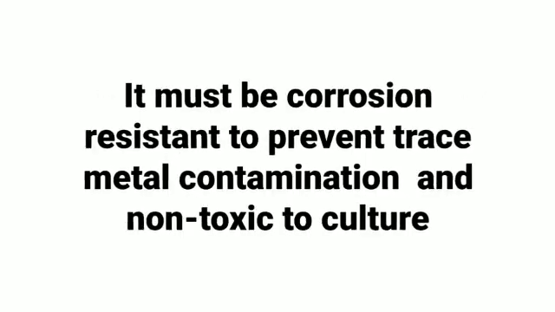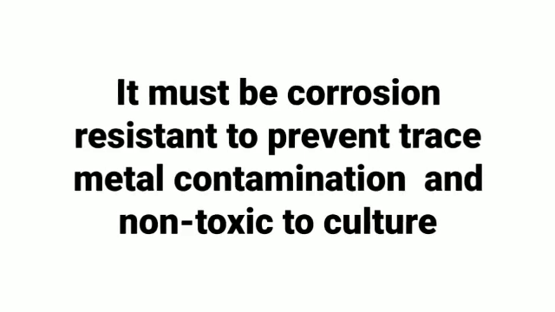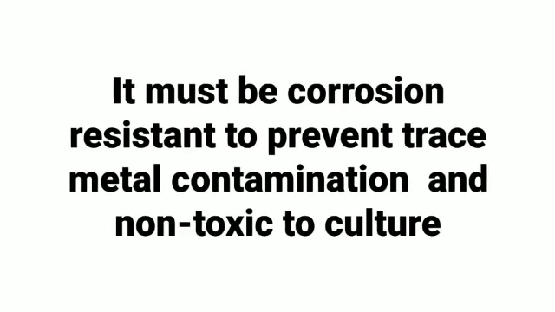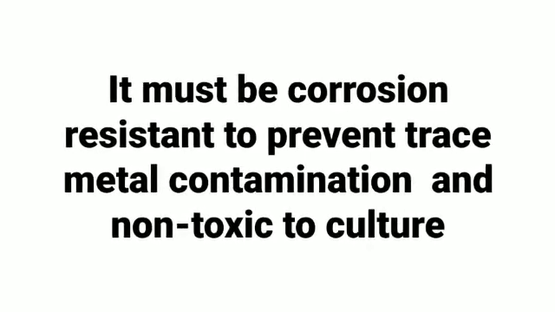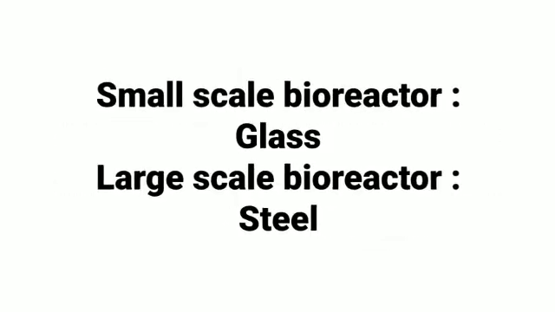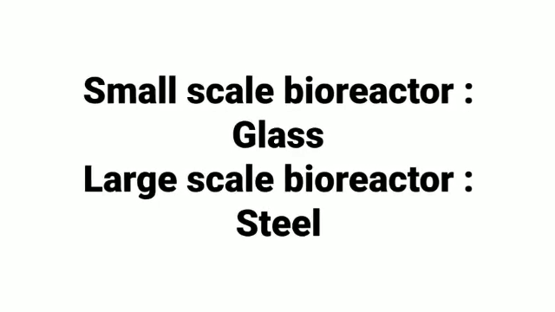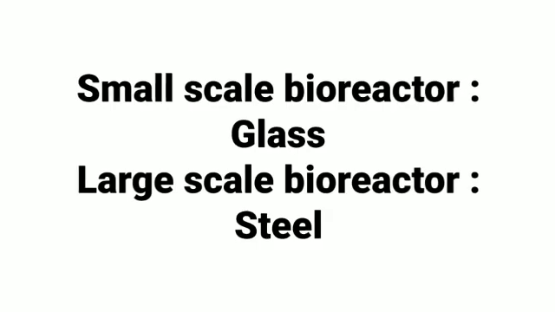It must withstand repeated sterilization with high pressure steam. It must be corrosion resistant to prevent trace metal contamination and non-toxic to culture. Small-scale bioreactors are made of glass and large-scale bioreactors are made up of steel.